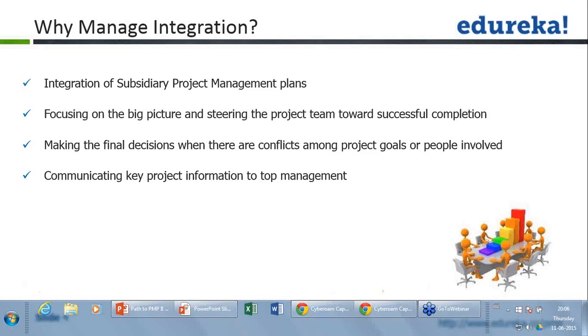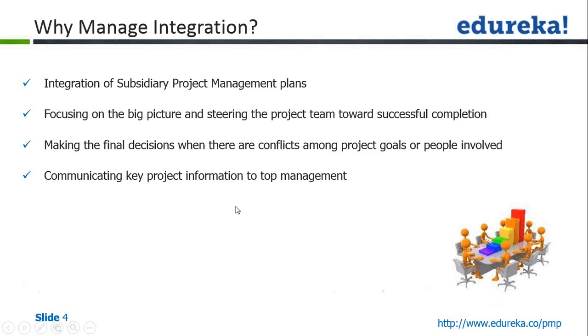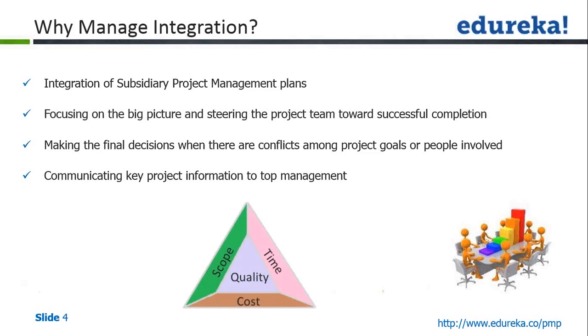So when I talk about this consolidation or integration, of what? Those who are familiar with project management, those who have gone through the PMBOK Guide, know that there are constraints in the project, competing factors, and the key competing factors are your scope, time, cost, and quality.